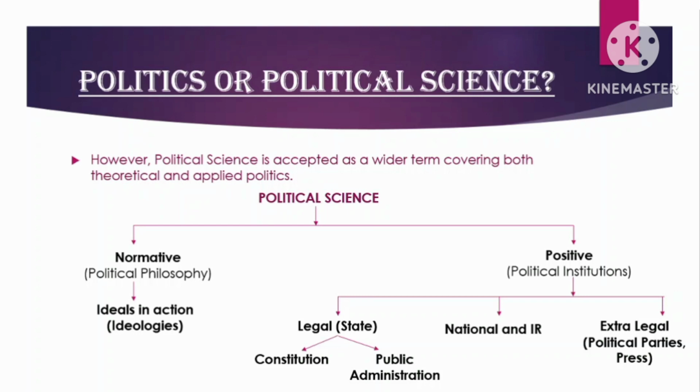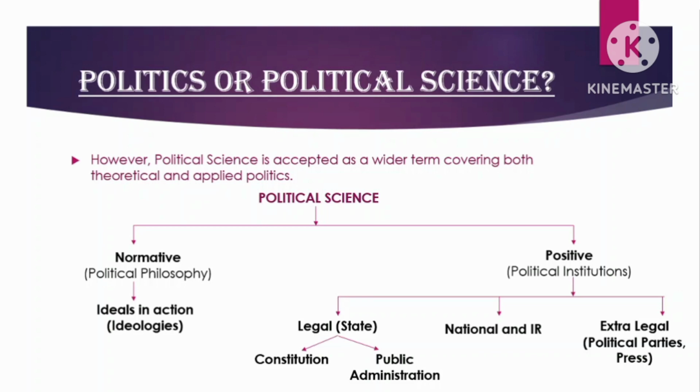In the normative aspect, we include every political philosophy given by different political thinkers from the ancient time to the present. And along with that we include the ideas based upon that political philosophy, the ideologies which have been inspired from these political thinkers and their political theories.